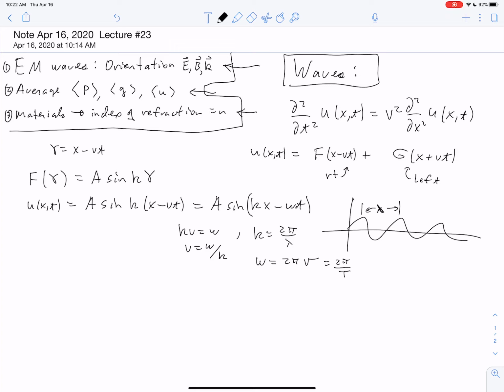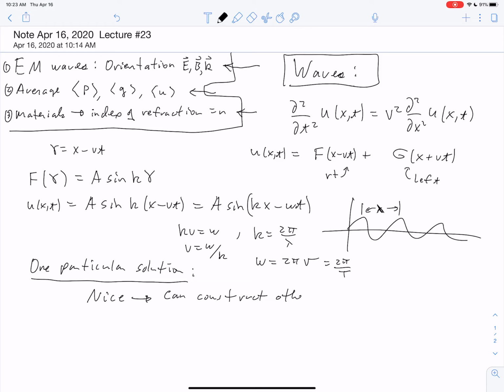The thing I want to emphasize is this is just one particular solution. There are many others, but we like this one a lot because it's easy to make in real physical systems. It's a nice solution because we can use it as a basis state. We can construct other waveforms from it using Fourier transforms and whatnot.